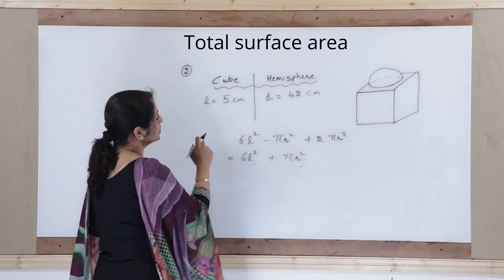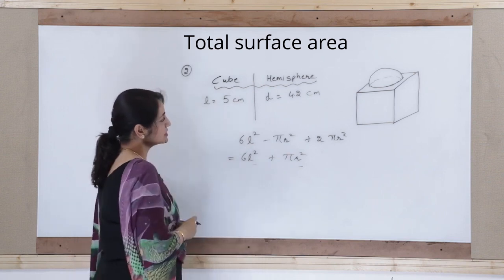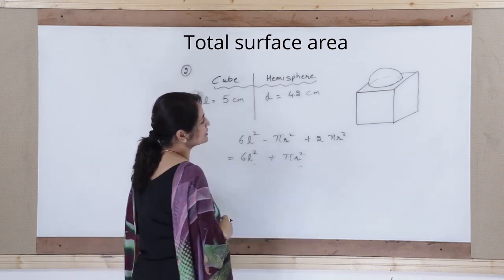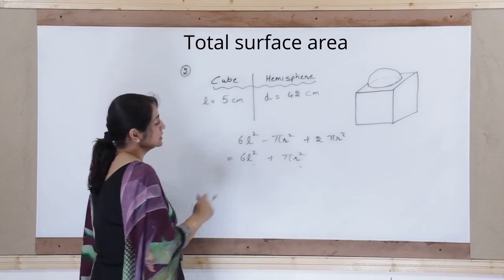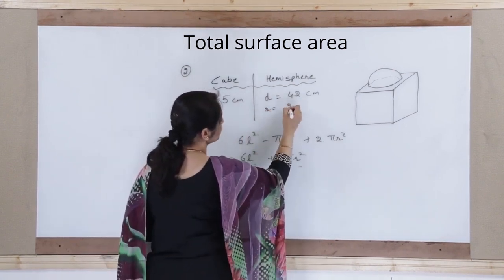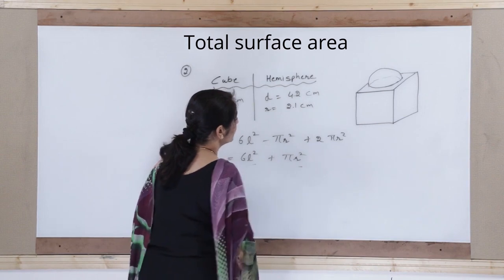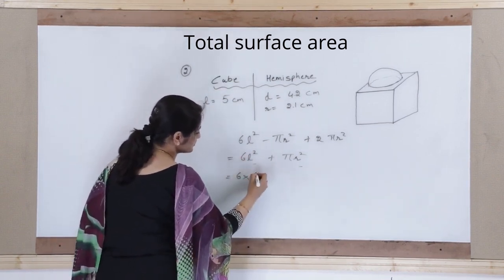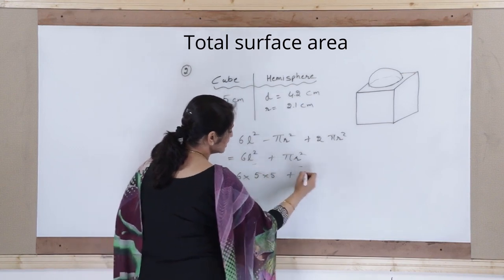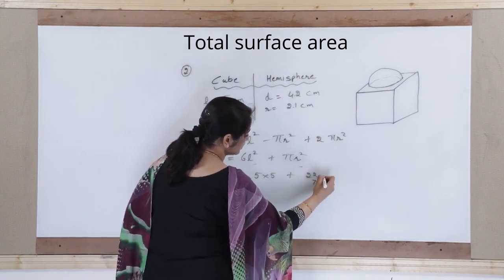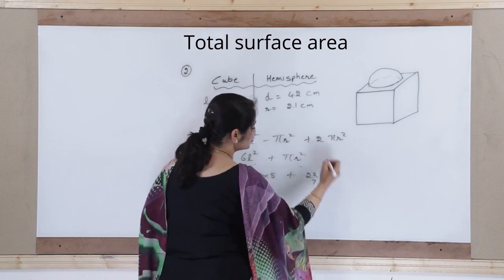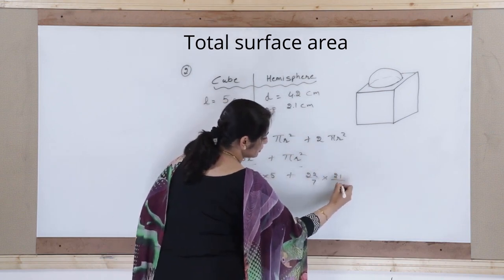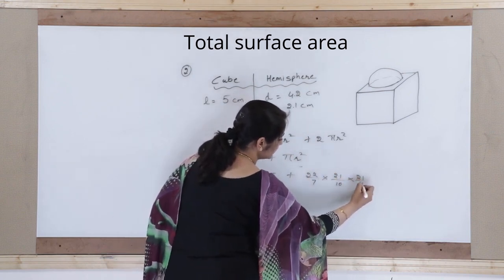Now this cube has length 5 centimeters and the diameter of the hemisphere is 4.2 centimeters. So the radius will be 2.1 centimeters. Now putting these values, we will have 6 into l square, that is 5 into 5, plus pi, which is 22 upon 7, into r. r is 2.1, so we can write 21 upon 10 into 21 upon 10.